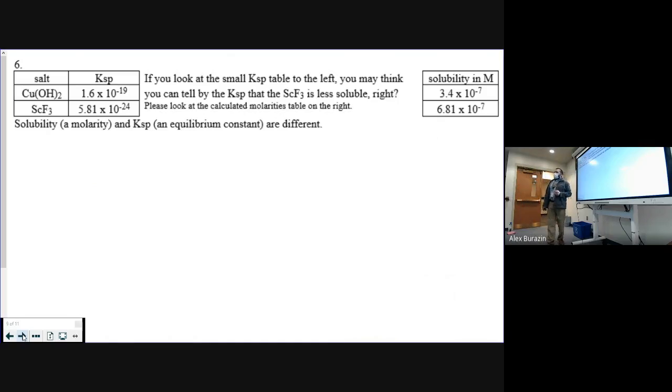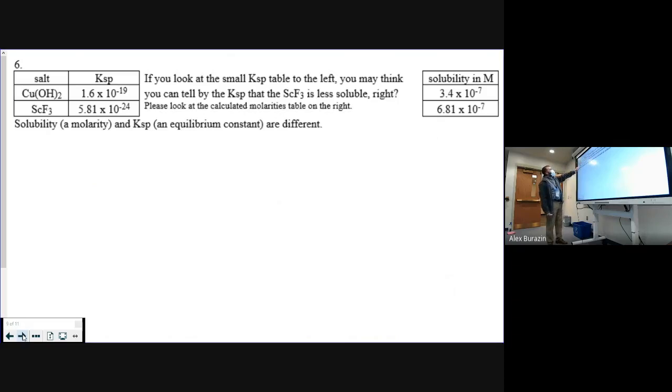So what the heck's going on? What's going on is we have to be careful with comparing Ksp values. You can compare Ksp if both of the ionic compounds you're looking at produce the same number of ions. Here's what I mean. When I dissolve this in water, I get one copper, two hydroxides.